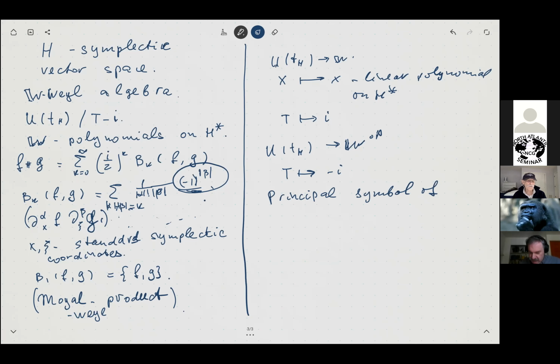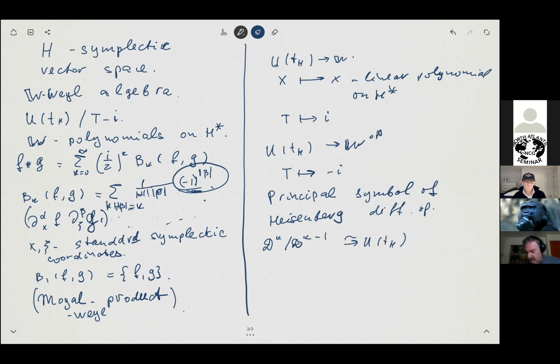So for us, the principal symbol of a Heisenberg differential operator. The Heisenberg differential operator is just the ordinary differential operator, but what's the principal symbol? Well, depending on the word Heisenberg, it would be the image of the map of operators of order k.